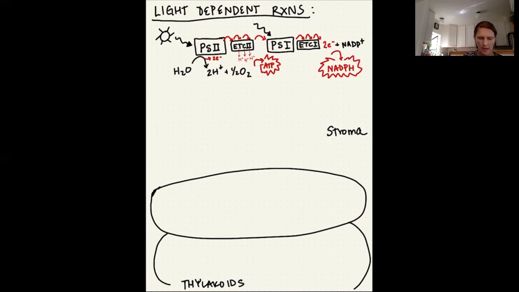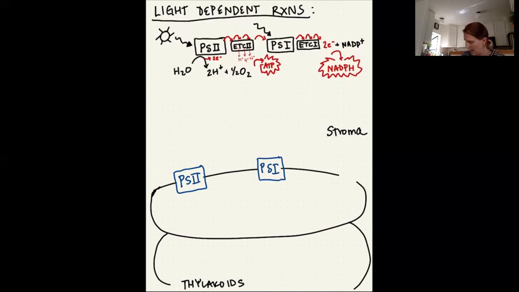So I'm going to draw some things on this thylakoid membrane. First thing I'm going to draw is, whoa, that was a big old eraser. I'm going to draw photosystem 1, and I'm going to draw photosystem 2, and I'm going to draw a little space there. All right, so we have PS2, right? And we know that we're also going to have PS1 on these thylakoid membranes.